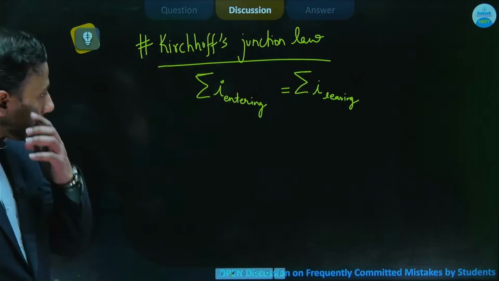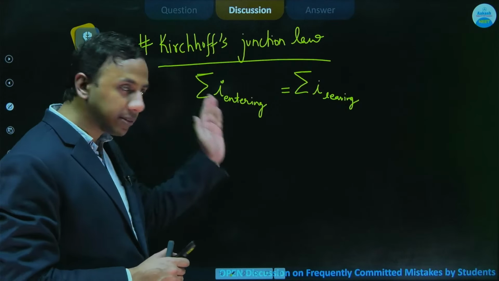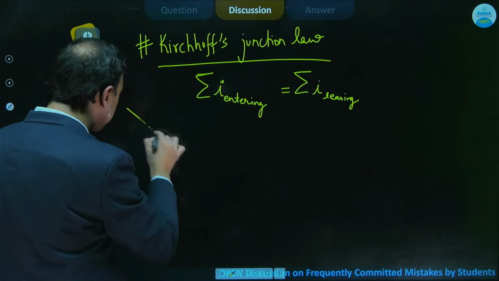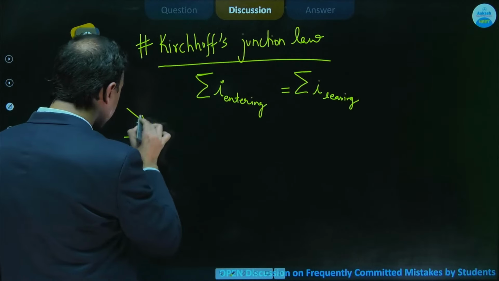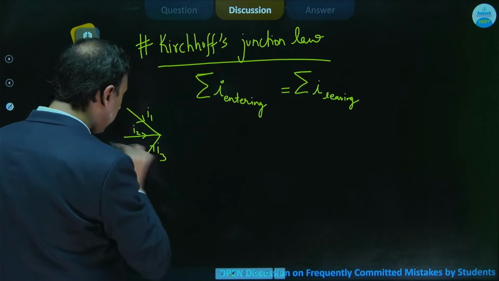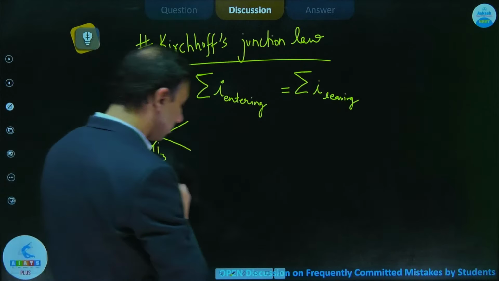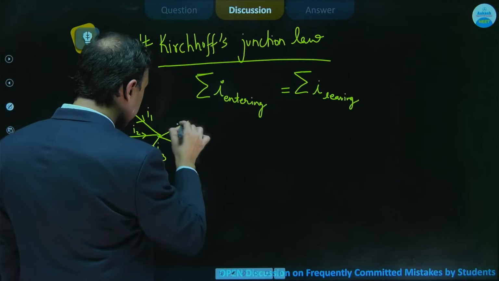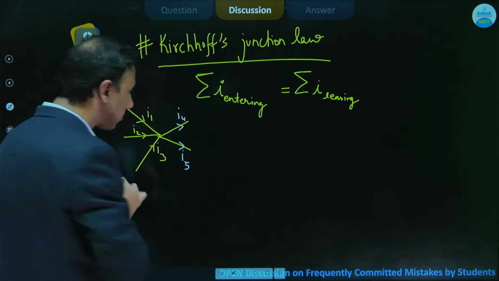Let's say current is entering via 3 wires at that junction, so you write I1 plus I2 plus I3, and current is leaving via 2 wires, I4 and I5.